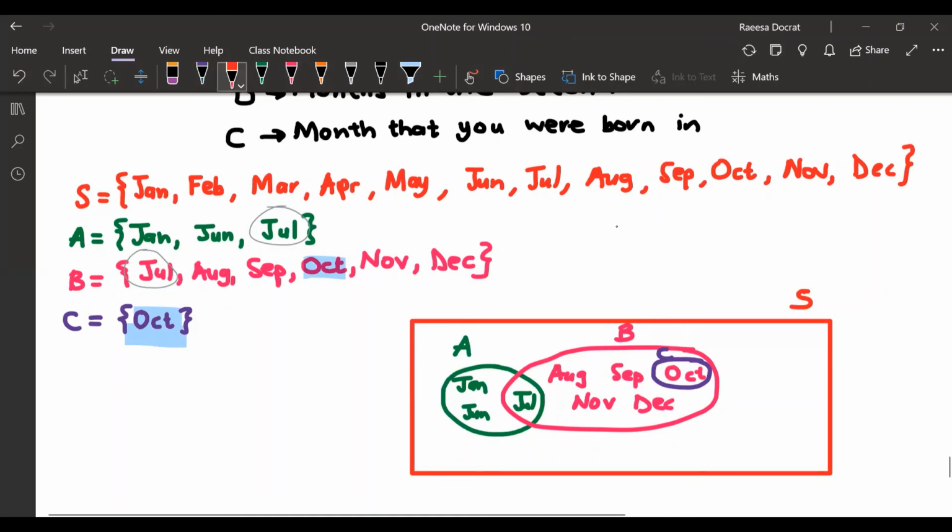All that's left to add is the remaining months. We're missing February, March, April, May.